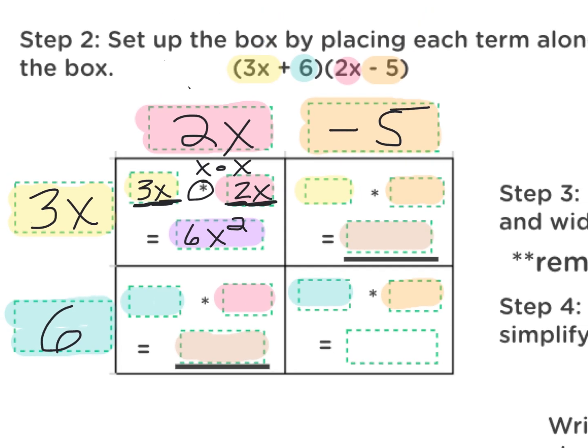In my next box, I don't see a term over here on the right side of the box. And the way a rectangle works, if this side is 3x, the side across from it is the same size. So that means that this side is 3x because the side across from it is equal to 3x.